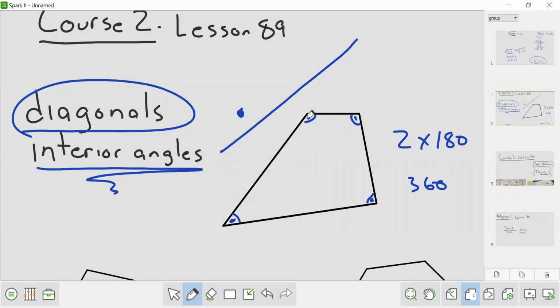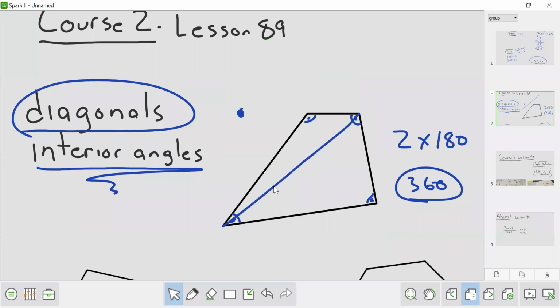In your math lesson, they'll ask, if I add up all the interior angles in this shape, how many degrees would it be? We already figured out by separating it into 2 triangles that it's 360 degrees. All right?